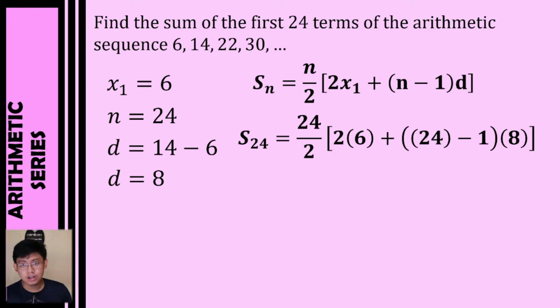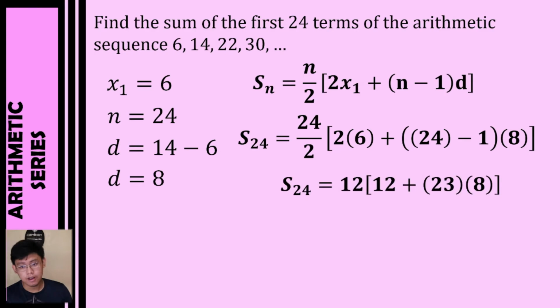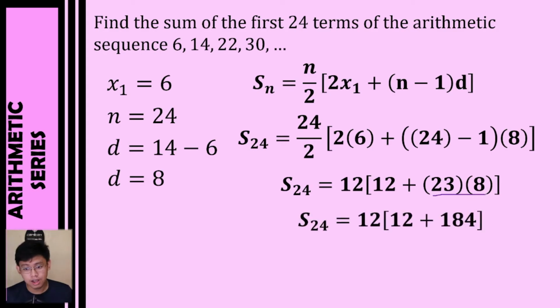Now, let's simplify using the order of operations. We can start simplifying the fraction. 24 divided by 2 gives us 12. 2 times 6 gives us 12. And 24 minus 1 gives us 23. Then 23 times 8 gives us 184.